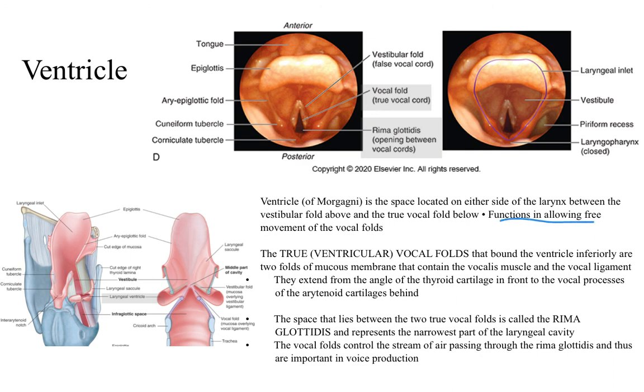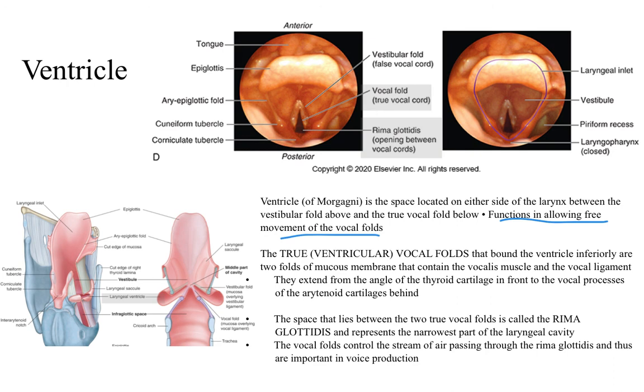But it also allows free movement of the vocal cord. So if you have this fold here, you're going to have a lot more latitude for moving the vocal cords, especially in relation to the true vocal cords to the false vocal cords.